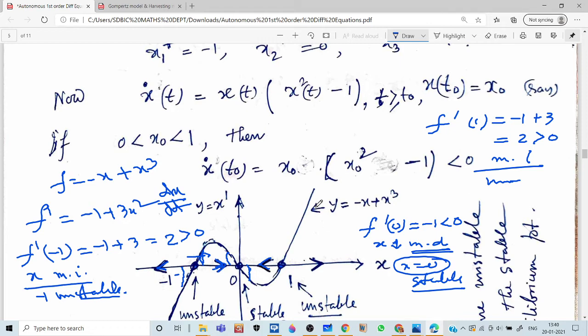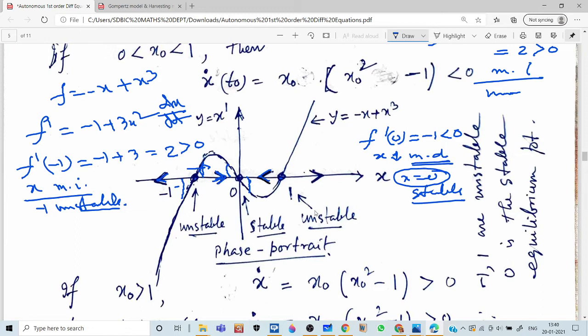If you start with the initial condition x(0) = x0, and x0 lies between 0 and 1, then the solution trajectory goes towards the point 0. If the starting initial point is in the region to the right-hand side of 1, then the solution trajectory goes away from x = 1.